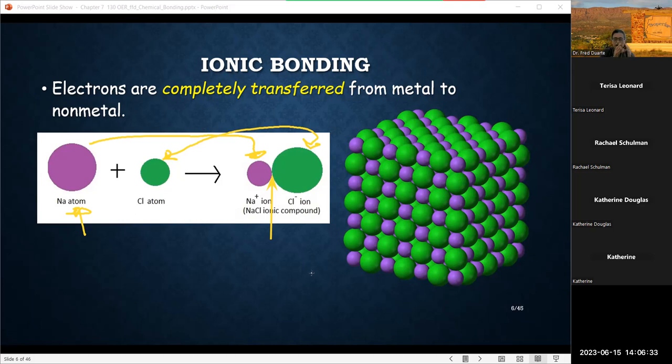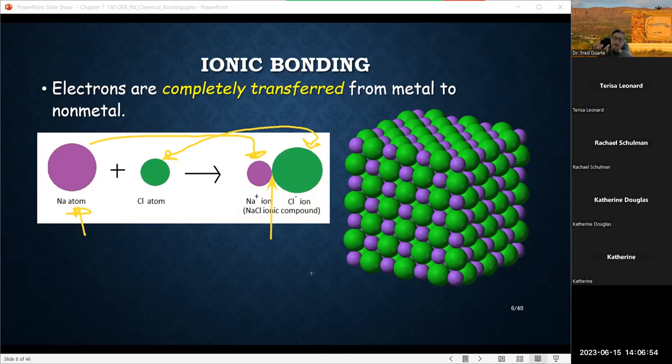But the point is that when ions like sodium chloride in the solid phase go in solution, they break apart to form their respective ions in the solution. And when they break apart to form these ions, they can now conduct electricity.